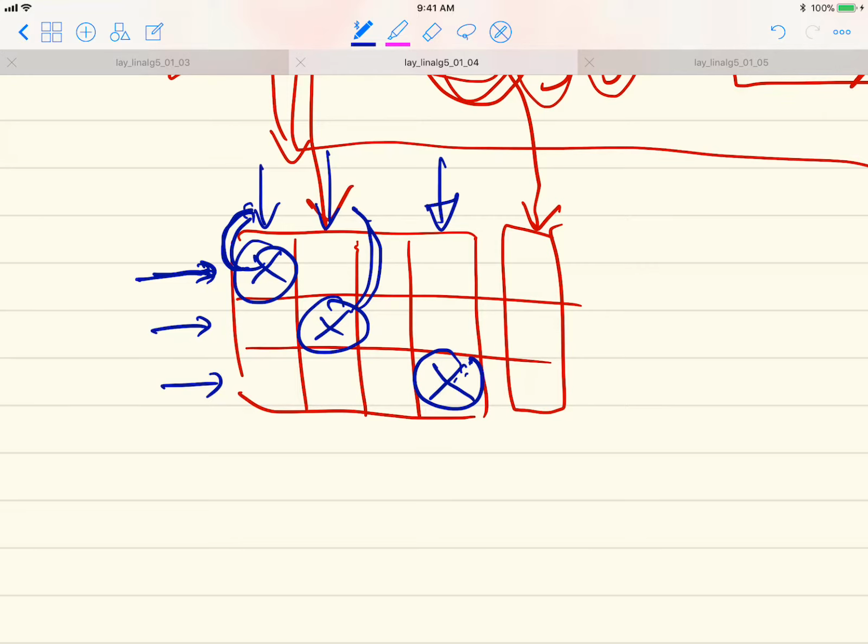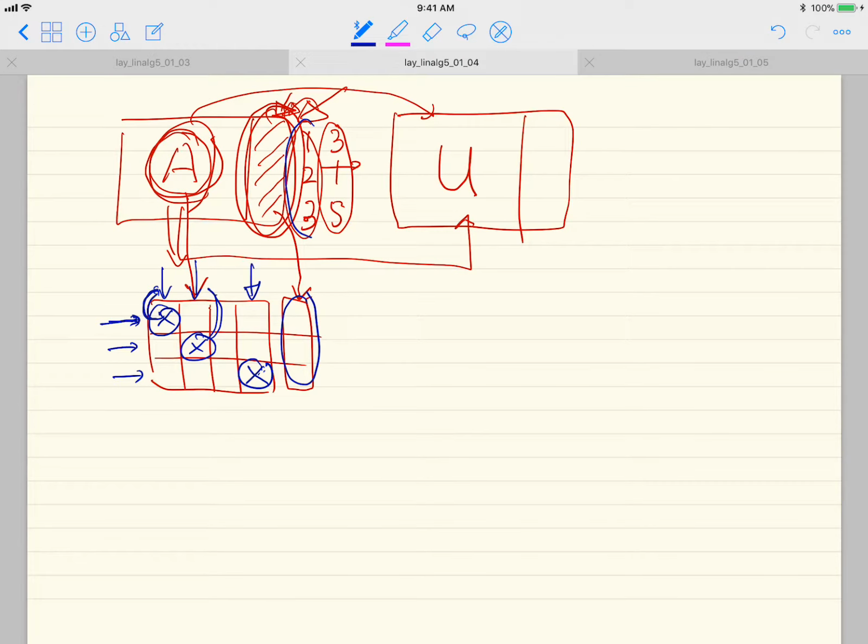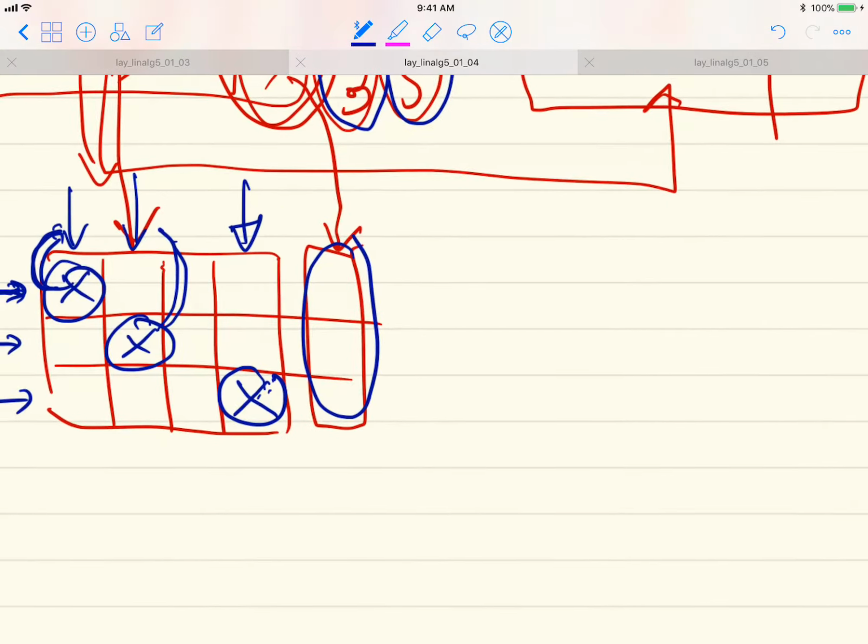So we are removing the possibility of having a pivot in the last column, right? Regardless of whatever vectors we put on the right-hand side, they cannot create a pivot in our echelon form. That is the point.